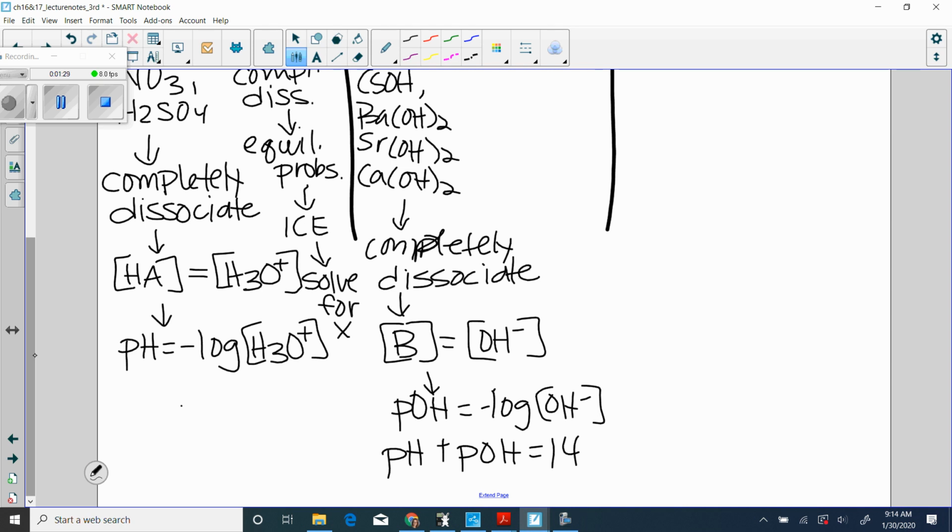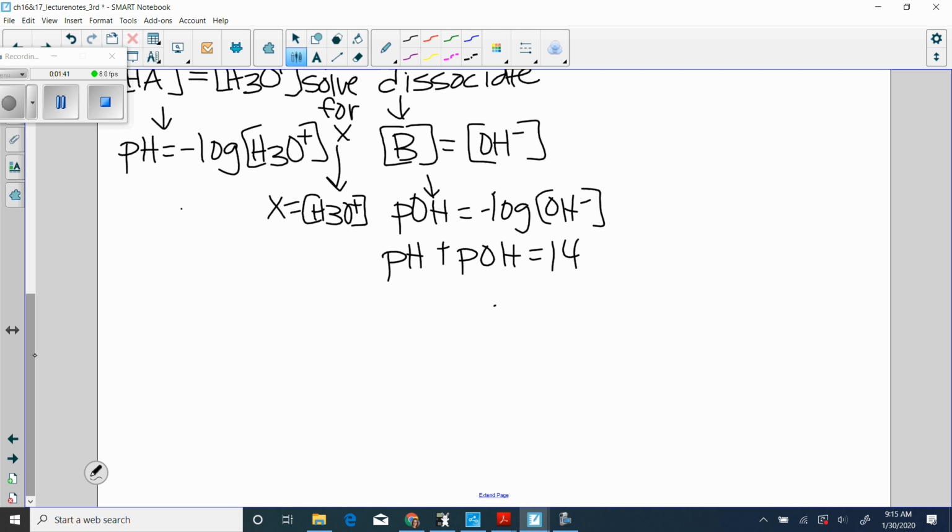That's how much is changing, how much is getting dissociated. For a weak acid, X equals the hydrogen ion concentration. That's our change. And then from there, we can do pH equals negative log of the hydrogen ion concentration.